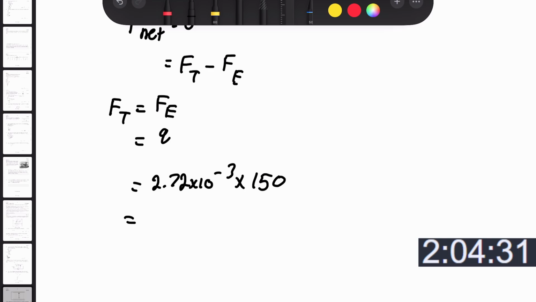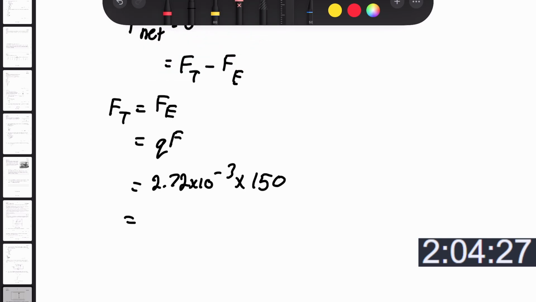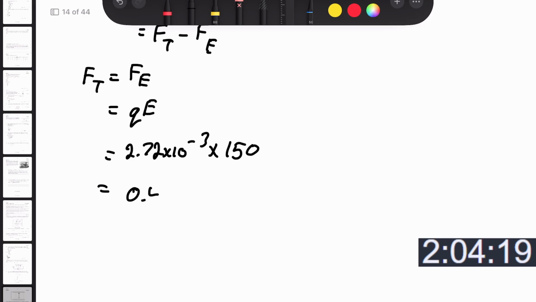Really, I can just write this as QE. So then 2.72 times 10 to the negative 3 times 150 is 0.408 newtons.